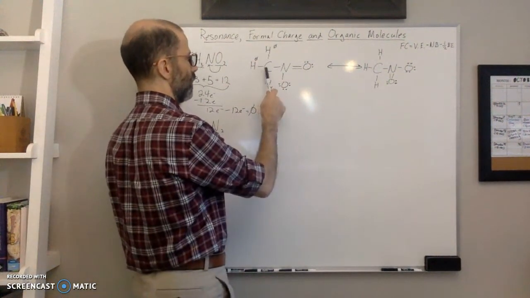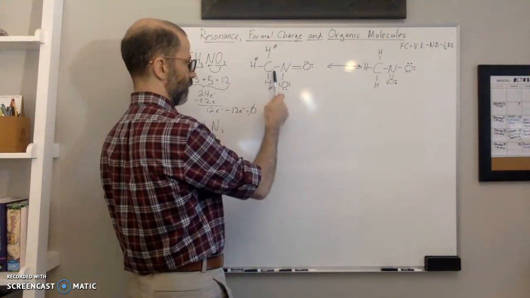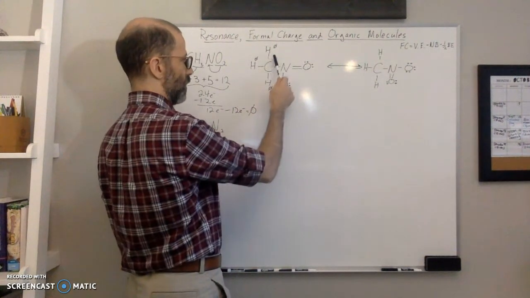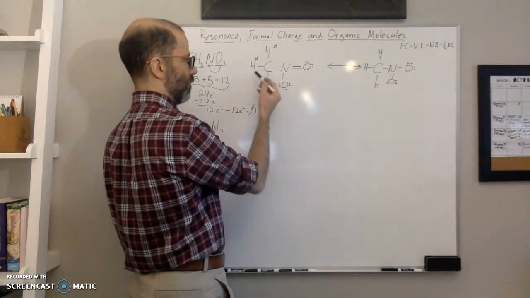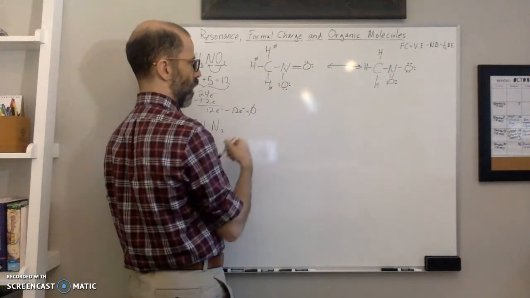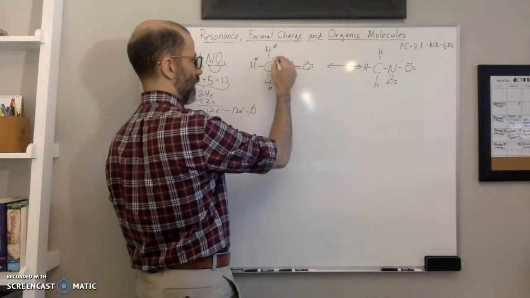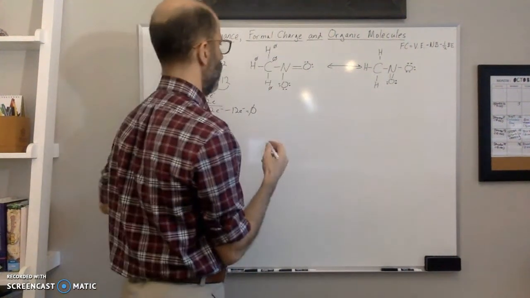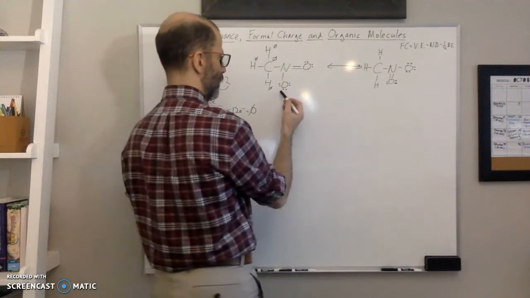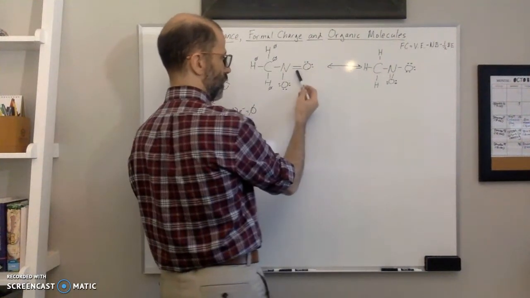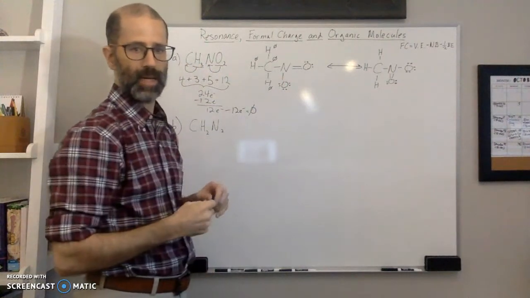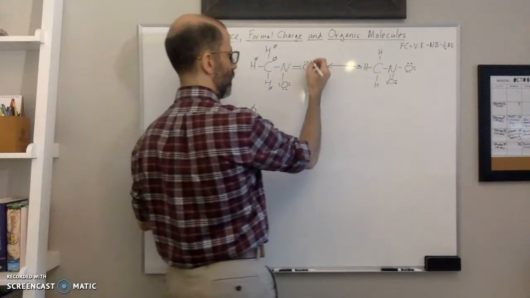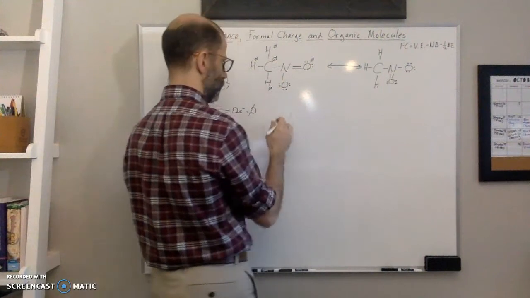So carbon has 4 valence electrons, no lone pairs. It has 4 bonds, so 1 for each bond. And this is the bonding pattern for carbon, so we would expect that to be 0. For this oxygen, it has 2 bonds, 2 lone pairs. That fits the bonding pattern for oxygen, so we would expect that to be a 0 formal charge.